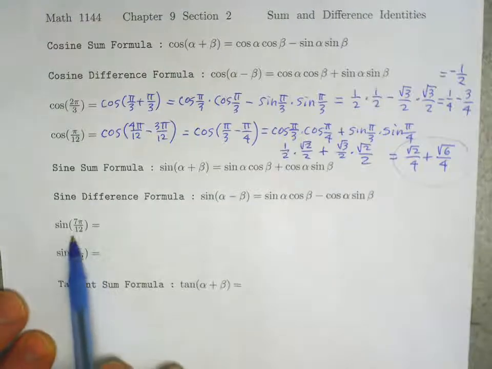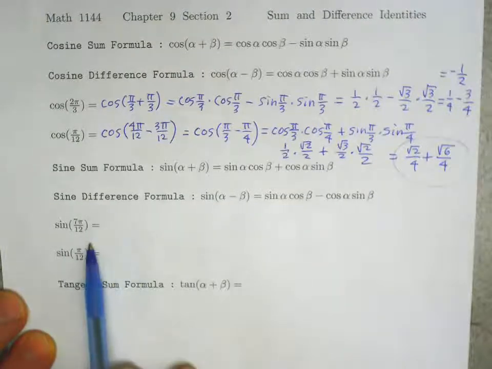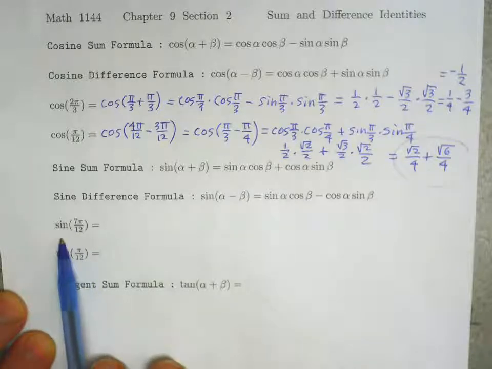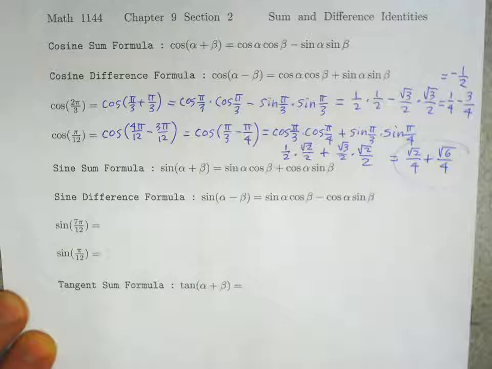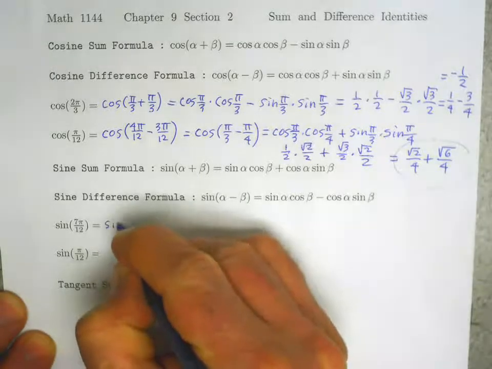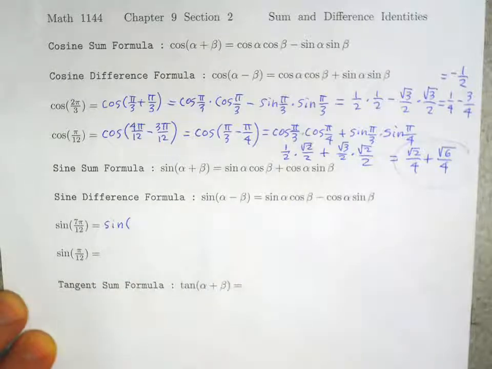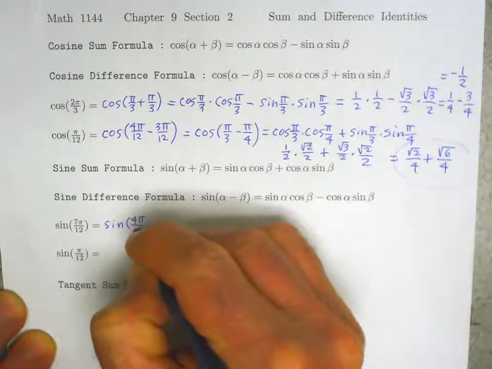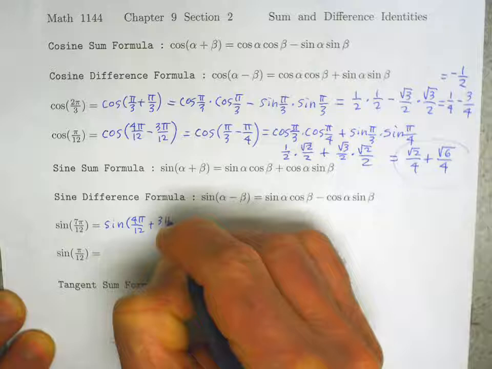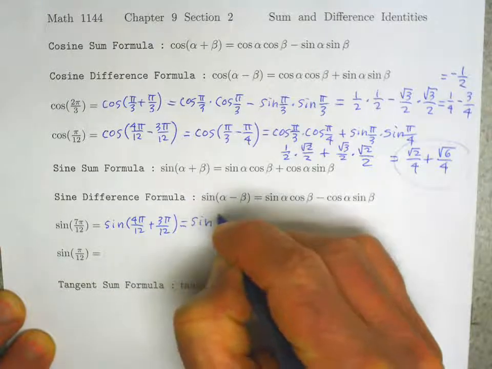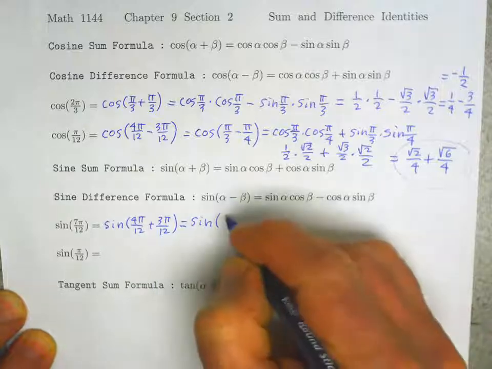So we'll demonstrate the sine sum formula by evaluating the sine of 7 pi over 12. 7 pi over 12 is 4 pi over 12 plus 3 pi over 12. 4 pi over 12 is just pi over 3.